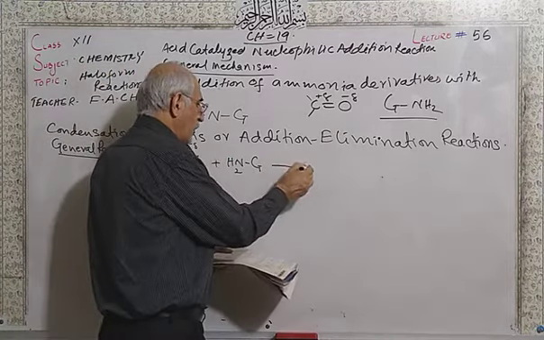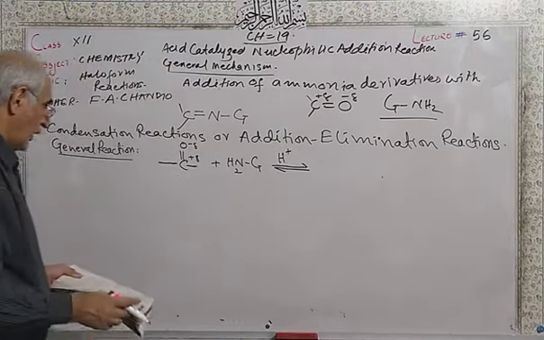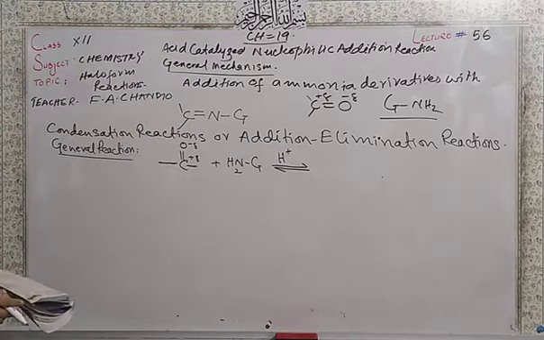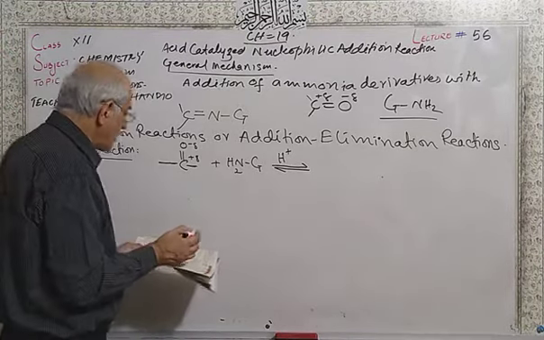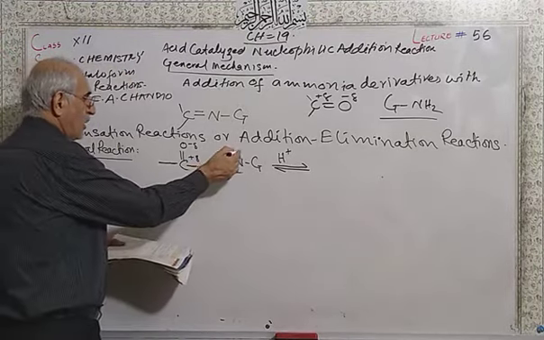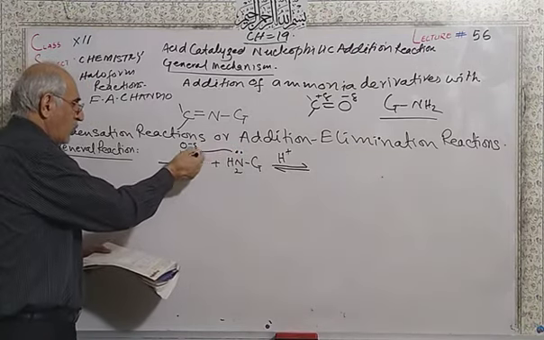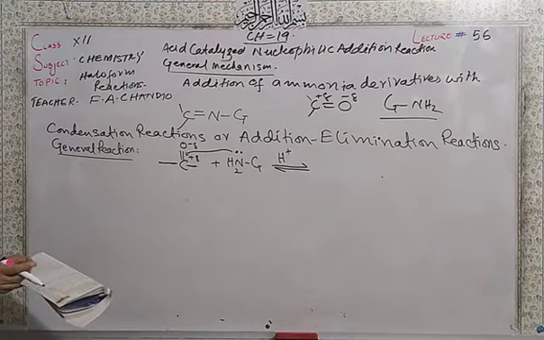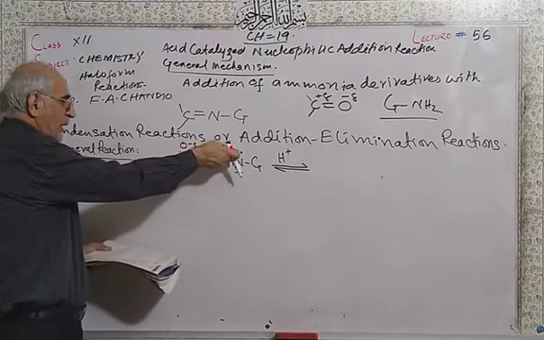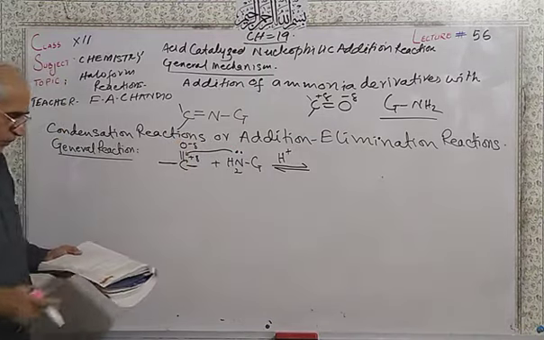We are talking about acid catalyzed nucleophilic addition reaction. So this hydrogen ion, the proton, acts as a catalyst. So what happens? This is the lone electron pair, and this is going to be the nucleophile and attack the electrophilic carbon. One of the hydrogens from the amine goes to the oxygen to make an OH group.